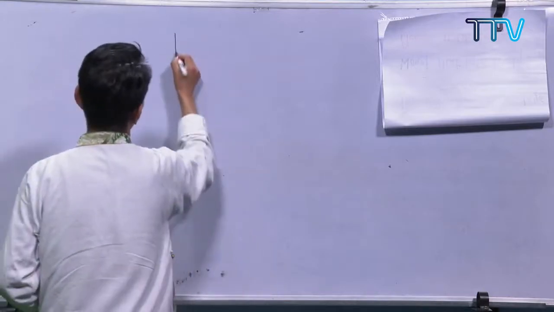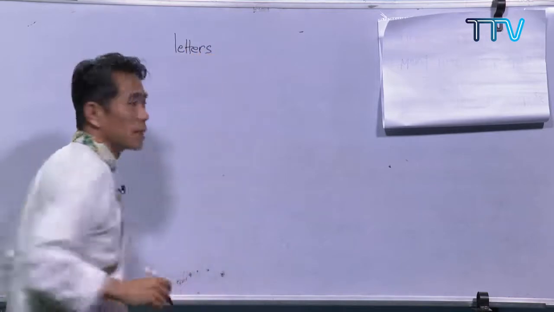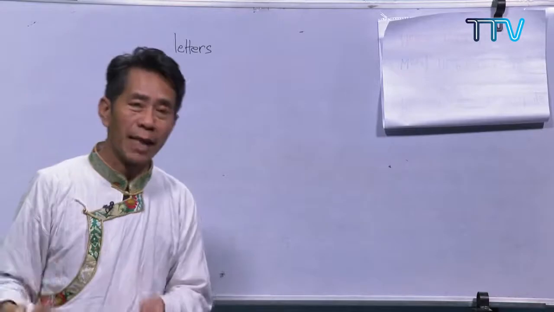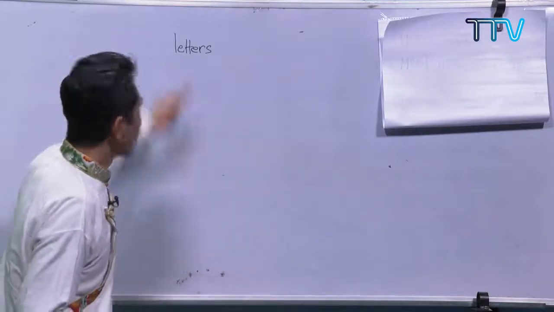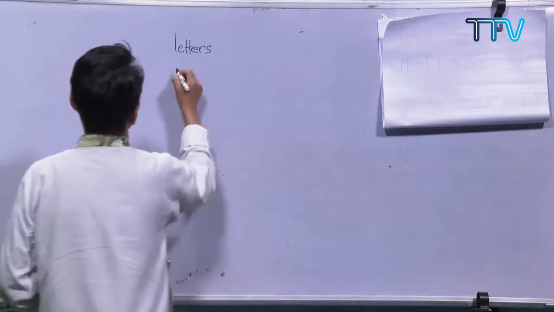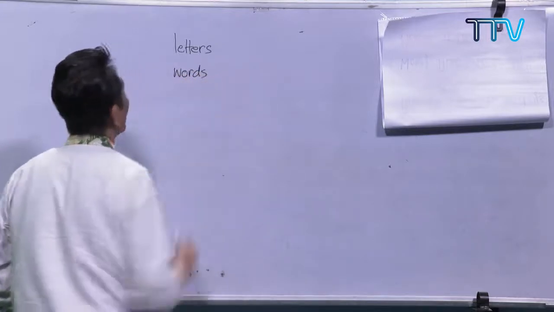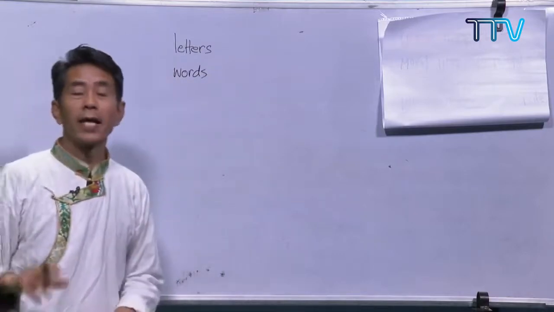For example, let us talk about letters. This is where we first begin a language. There are different types of letters. We learn the alphabet. And then a group of letters. What do you call a group of letters? It's called a word.